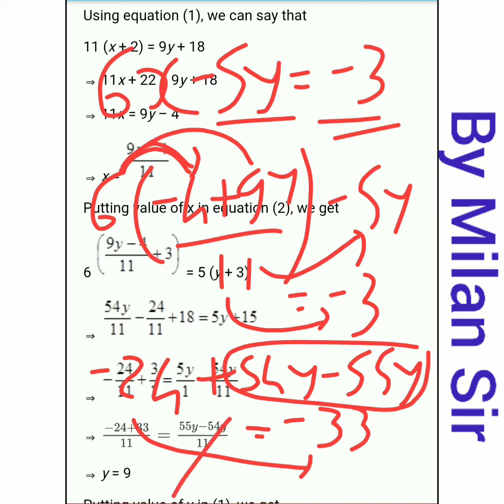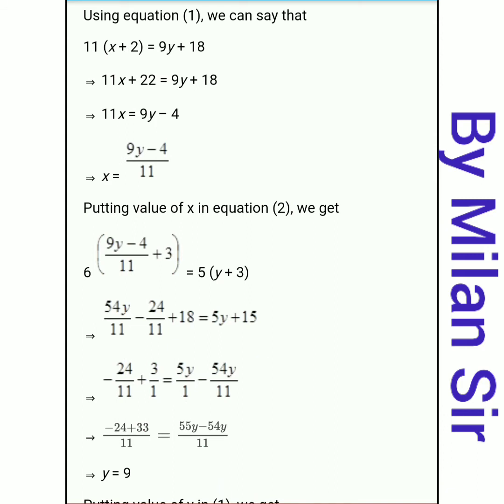So 55 minus 54 is 1y, and the bigger number's sign is minus. So minus 1y is equal to minus 33, and if we transfer 24 to the right hand side, it becomes plus 24.